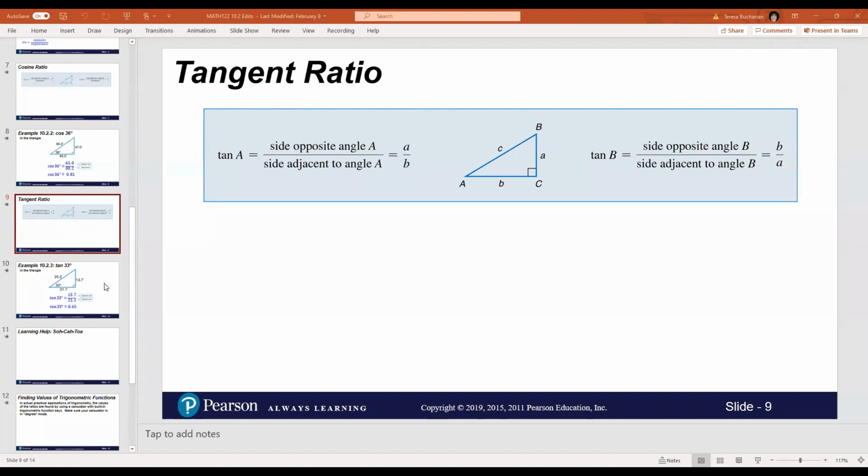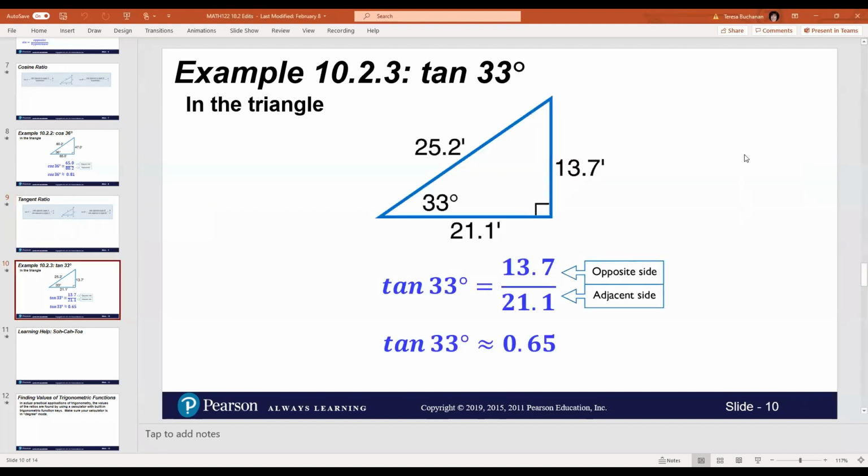Let's practice the tangent, and then we'll remind ourselves of how we can remember all this. So the tangent of 33 again says I need to compare the opposite side, 13.7, to the adjacent side, 21.1. Opposite over adjacent. Adjacent is lying where it helps to form the actual angle that you're looking at. So it's the one arm that's helping to form that 33-degree angle.